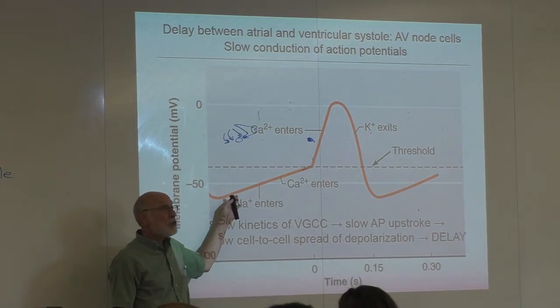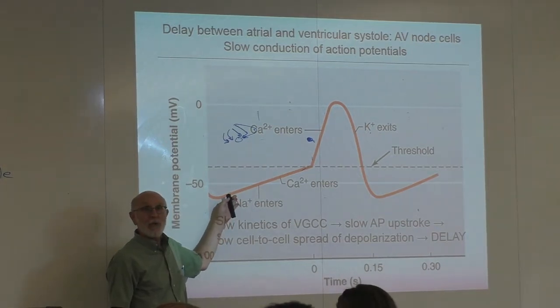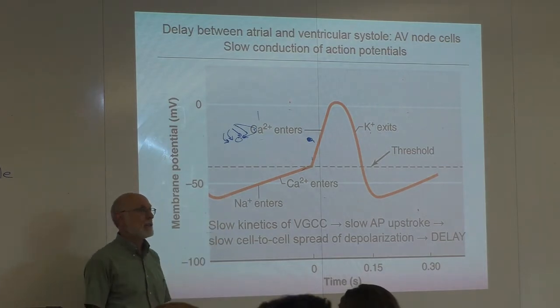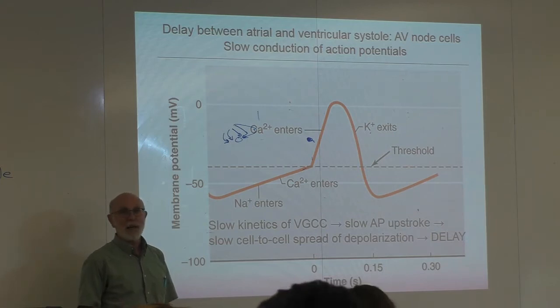But eventually, the AV node would reach its own threshold and fire an action potential and become a backup pacemaker. If the SA node fails, the AV node is your first line of defense against no heartbeat.